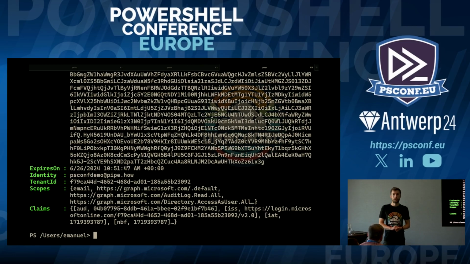So, for example, Björn, another speaker here, has an Azure DevOps module for working with the Azure DevOps API. But for that, we first took a dependency on the Azure PowerShell module for the authentication part.